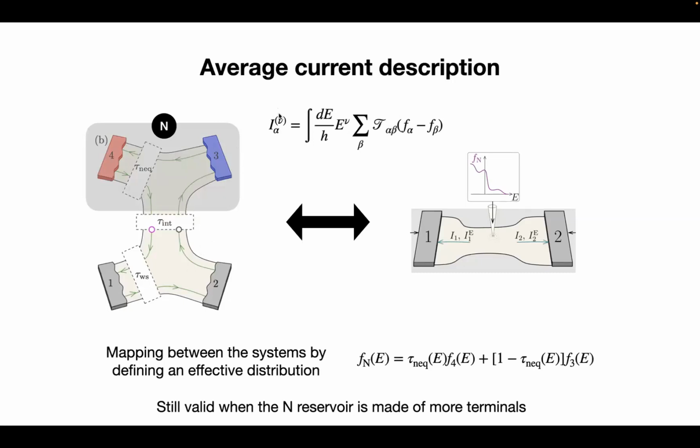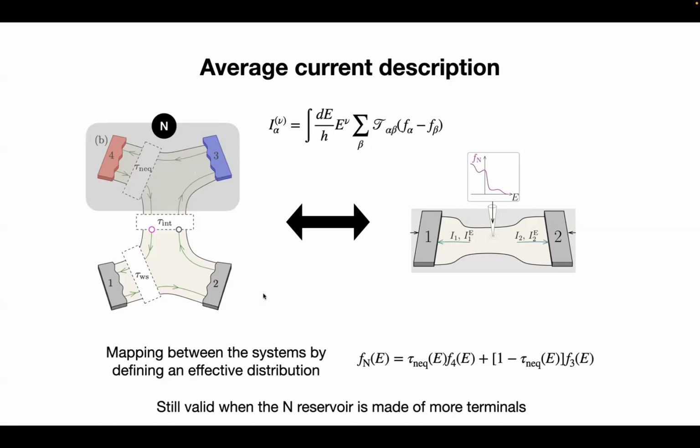So you can simply write down a simple expression for the current flowing into the system. And here this T beta alpha is the transmission probability from going from terminal beta to terminal alpha, okay? And as long as you stick to average currents, you can map this system with 4 terminals or even more to this effective description where you just have a working substance with 2 terminals and an effective distribution.